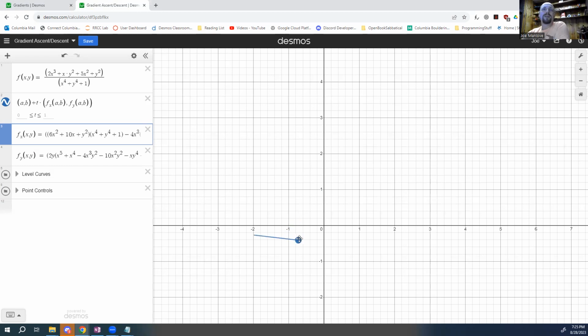Okay, so there might be a hilltop there. What about in here? Oh. See how to get into this one, I'm having to go against the gradient, but there's that same behavior where it kind of vanishes. Okay, so that's a minimum right there.